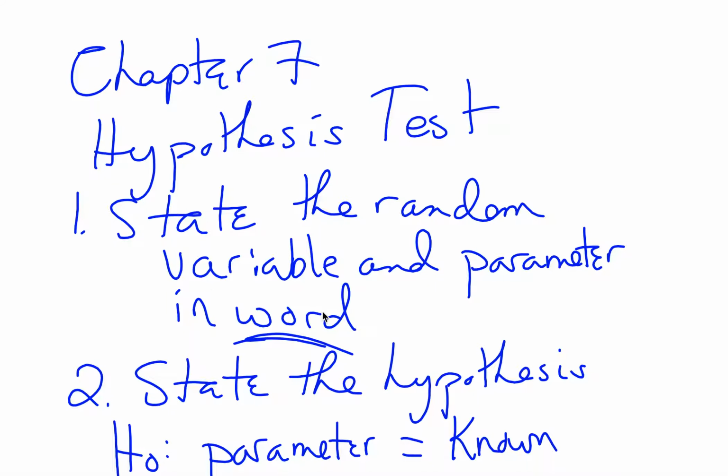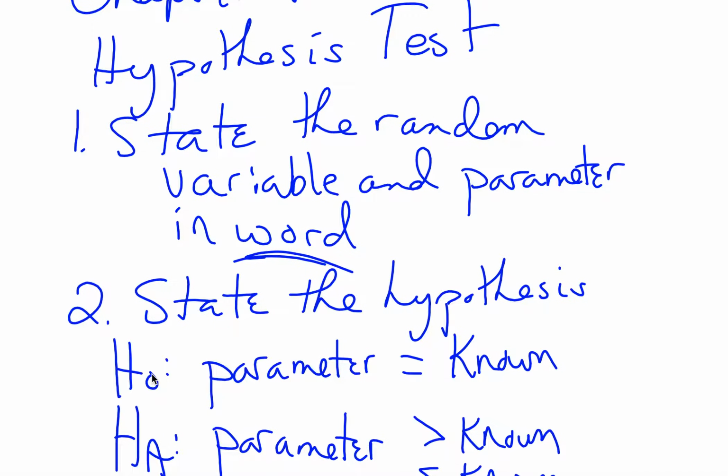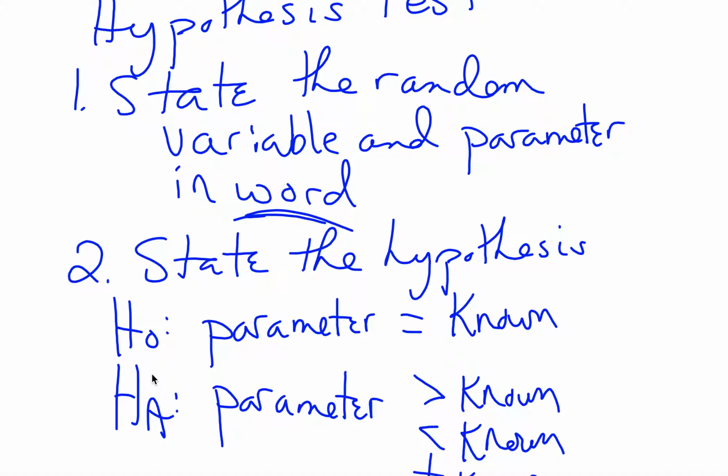Once you've stated your random variable and your parameter, the next thing is to state the hypotheses. This is what you're trying to actually do. Again, there are 2 hypotheses. There is the HO, which is that your parameter, whatever it is, either mean or proportion right now, is equal to some known value. Again, that known value that's known out there in the world.